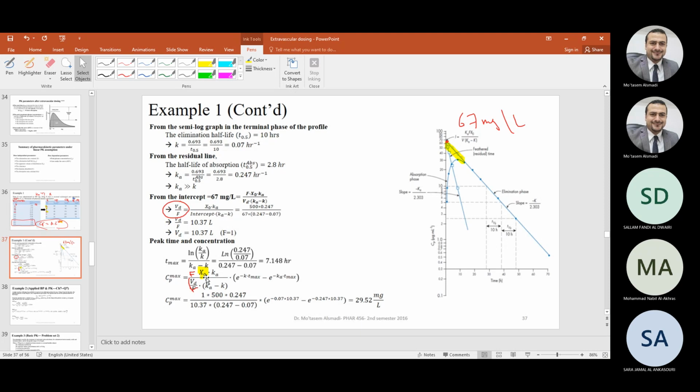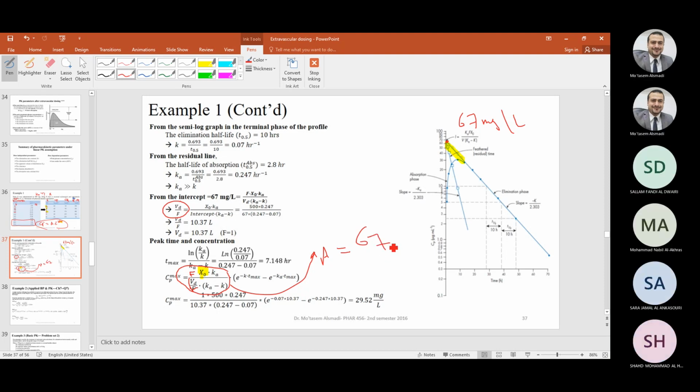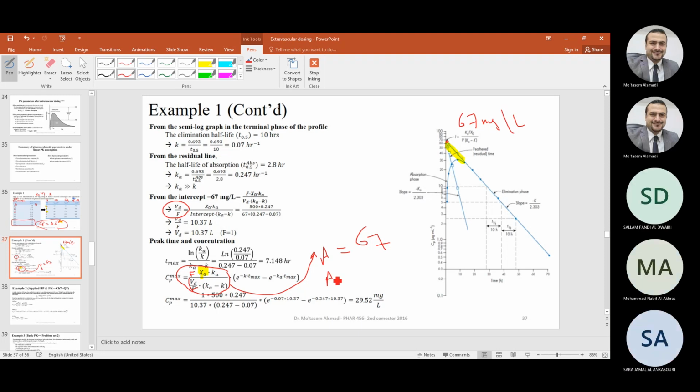And remember that this whole thing here is what we call the capital A. So if capital A, for example, is equal to 67 at a dose of 500, what will be the capital A at a dose of 1000? 5, right? Because the dose will be double. So let's call it A prime.